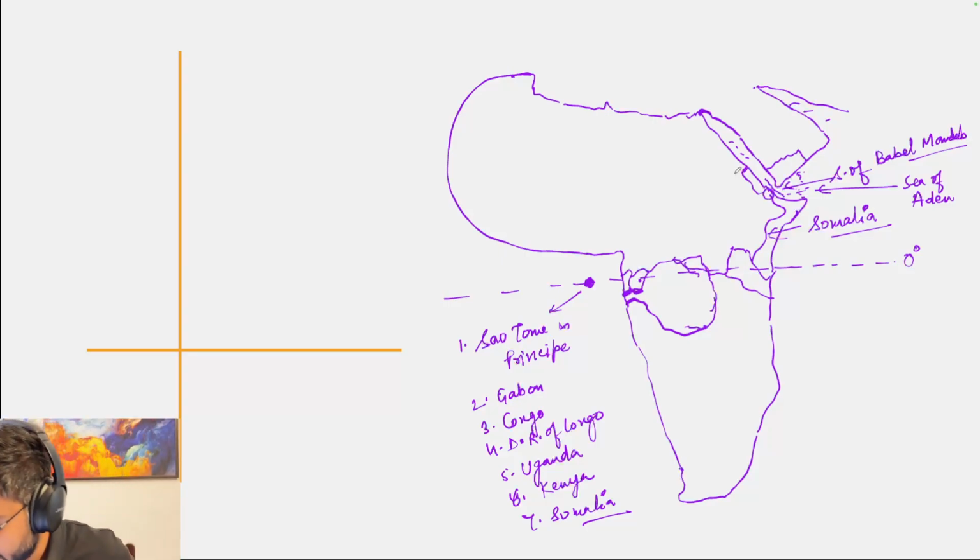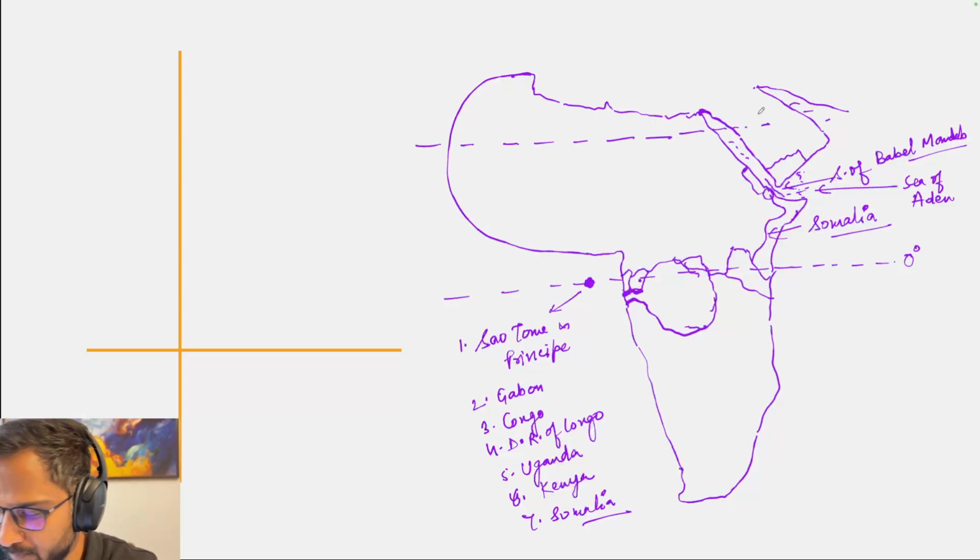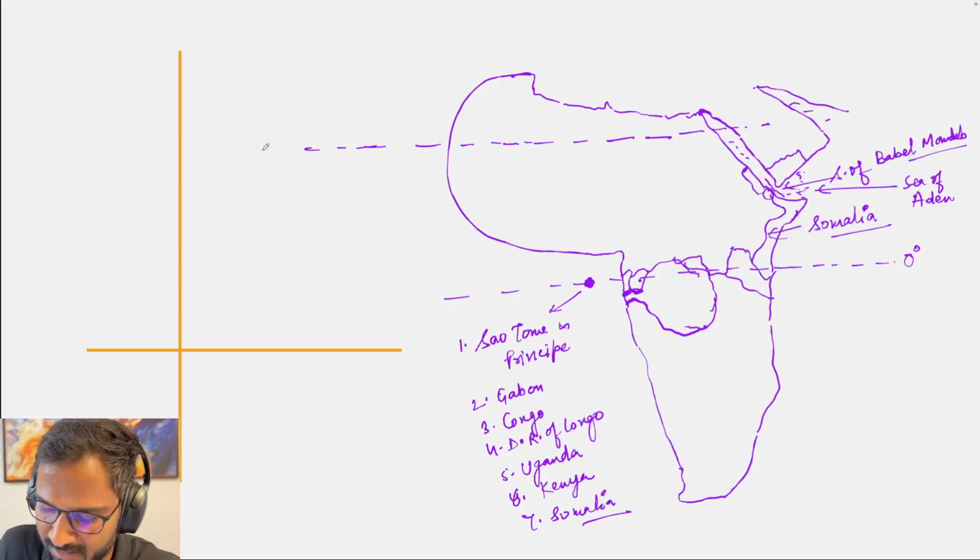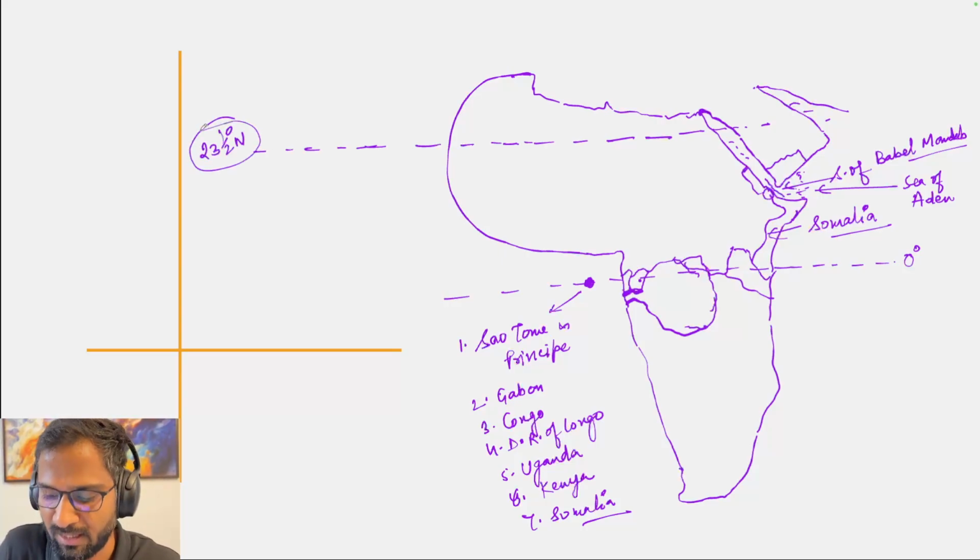Okay, then let's come to the Tropic of Cancer, 23.5 degrees north latitude.